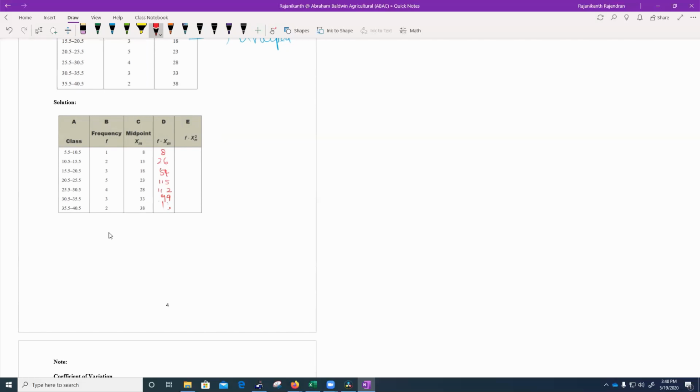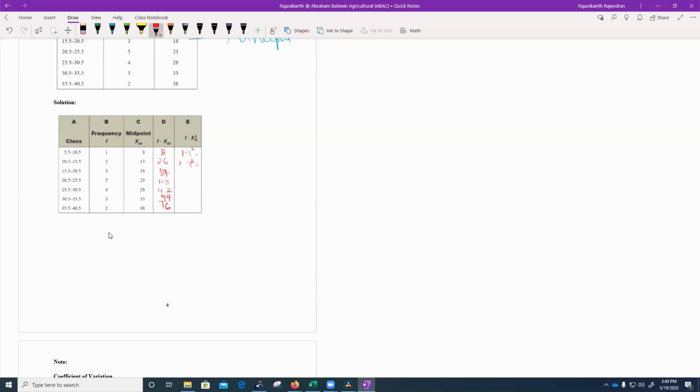Now what is this column? This column says you need to multiply f with xm squared. So f is 1 for the first class, so you need to multiply 1 with the midpoint squared. Midpoint is 8, right? So 8 squared. Find the answer. Next one, f is 2 and the midpoint is 13, so 2 times 13 squared.